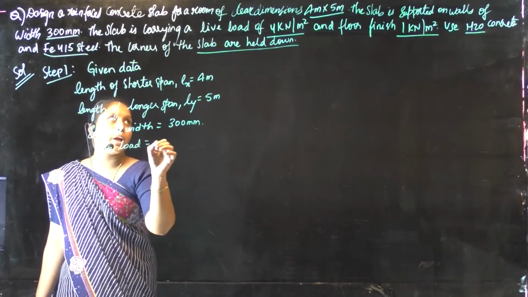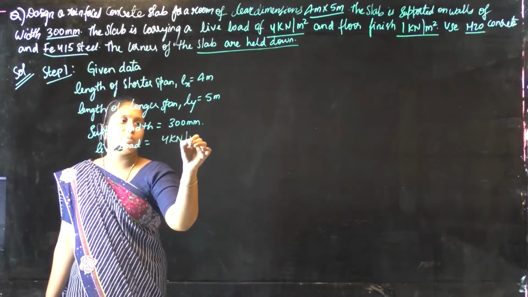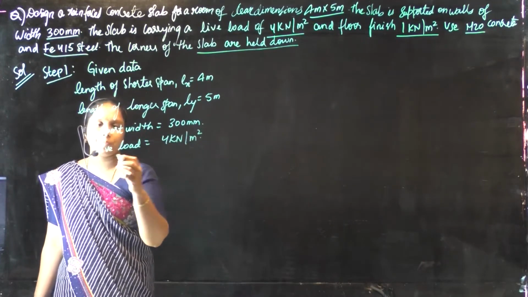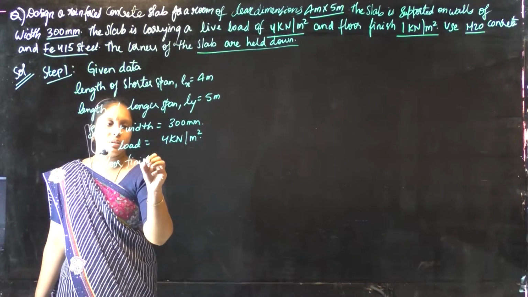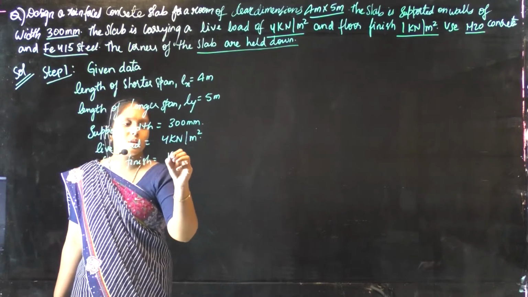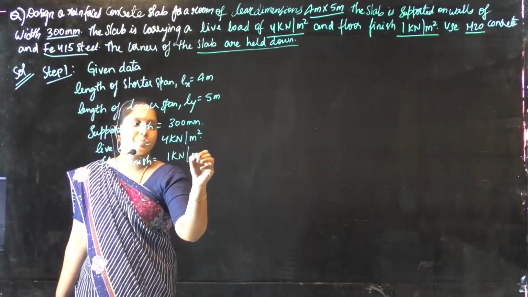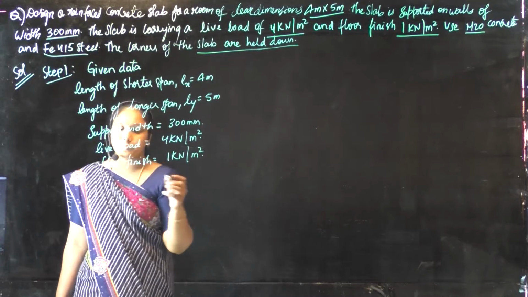The live load is 4 kN per meter square. The floor finish is 1 kN per meter square.